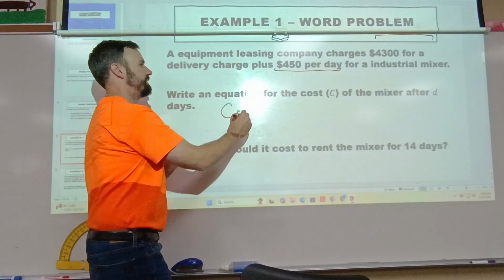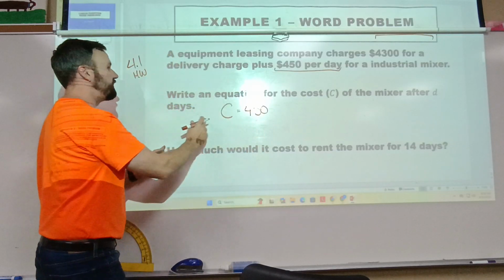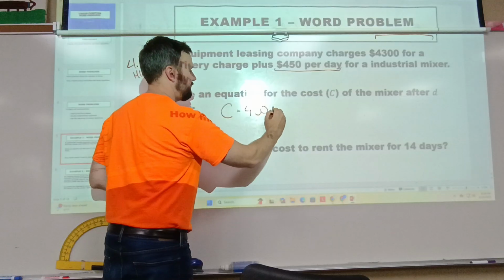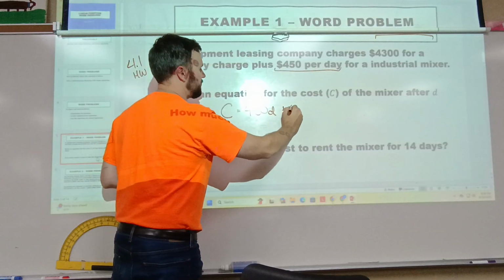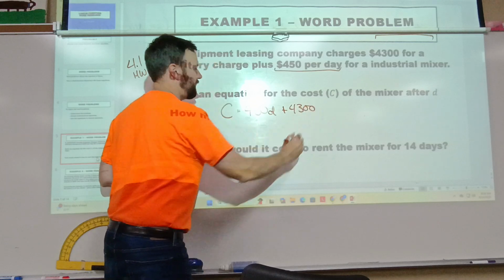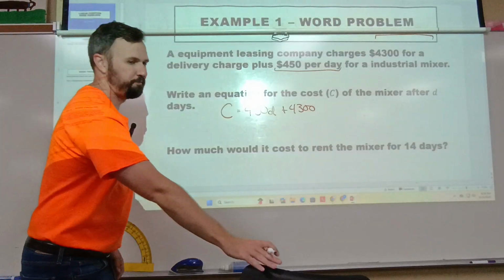That's my rate, so that's my slope. 450 times the number of days. But now I do have an initial cost. My initial is 4,300. So that's my equation: total equals slope, your rate, times however many, plus your initial value.